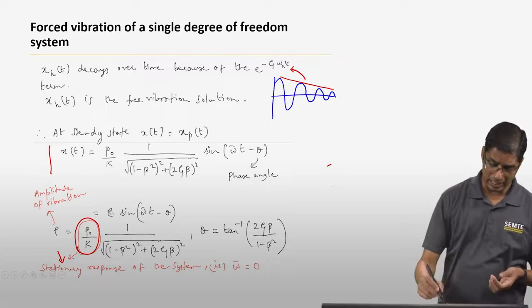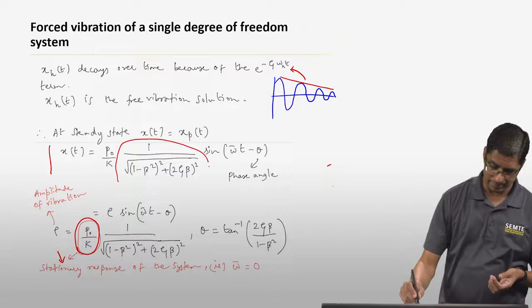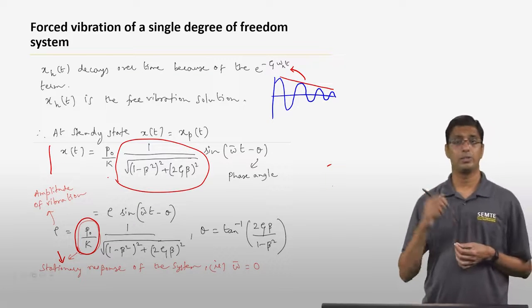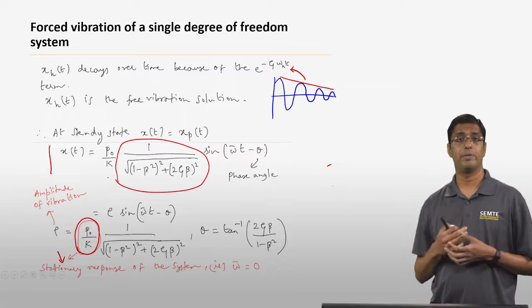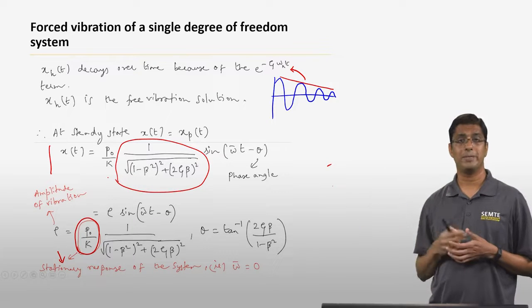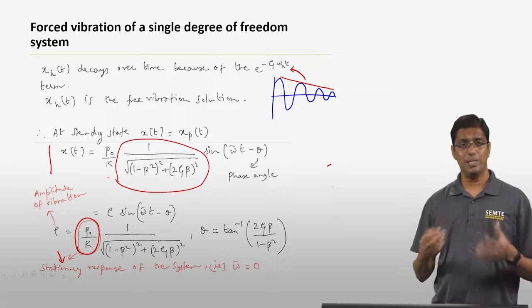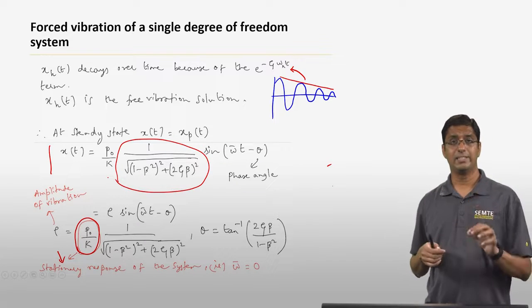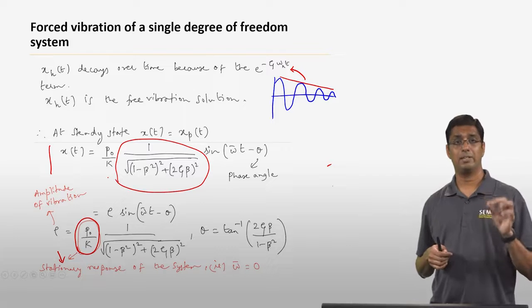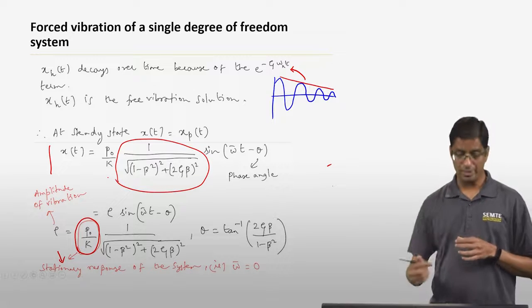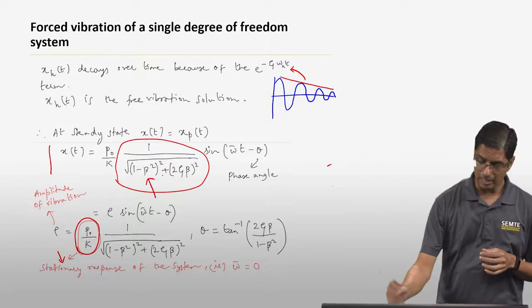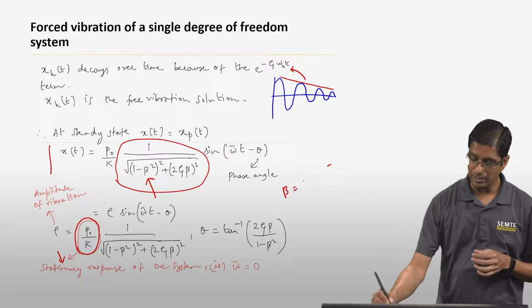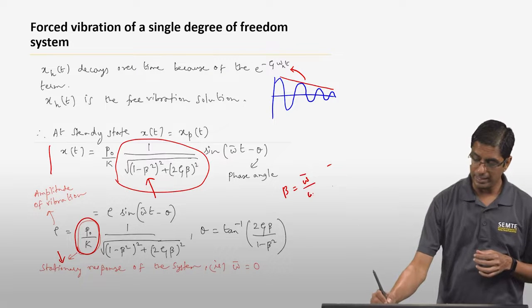And then you have another term that follows it, which is 1 over the square root of (1 minus beta square) the whole square plus (2 zeta beta) the whole square. So what is this term doing there? This term is the term that depends on the frequency at which you are oscillating, because it depends on beta, and beta is nothing but omega bar over omega n.